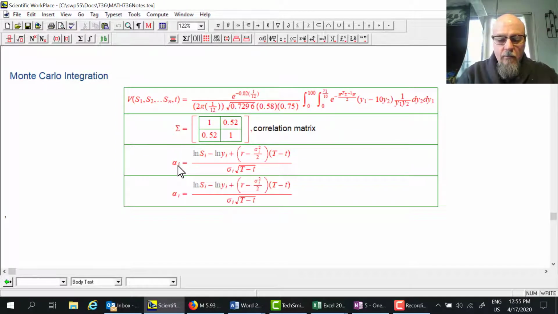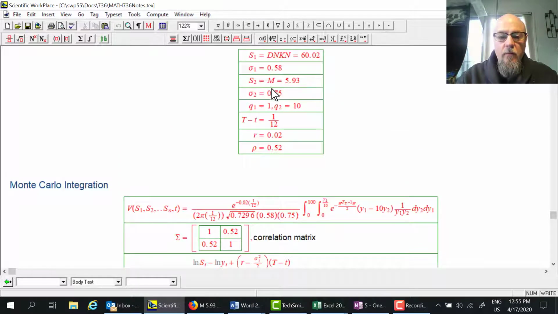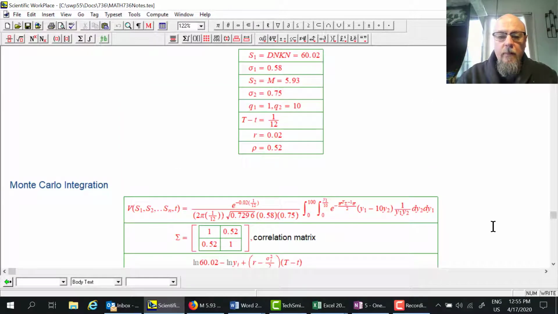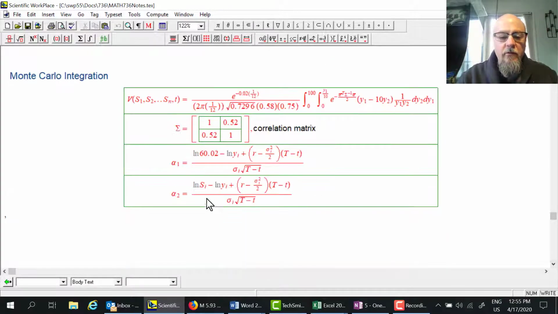We're going to have alpha 1 and alpha 2. So stock price 1 is $60.02. Stock price 2 is $5.93.